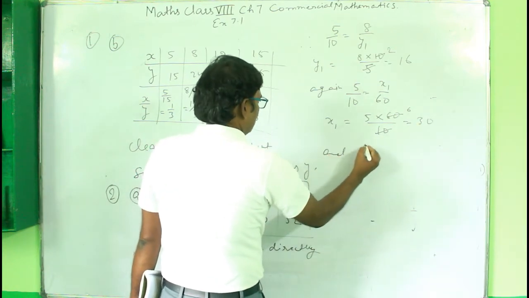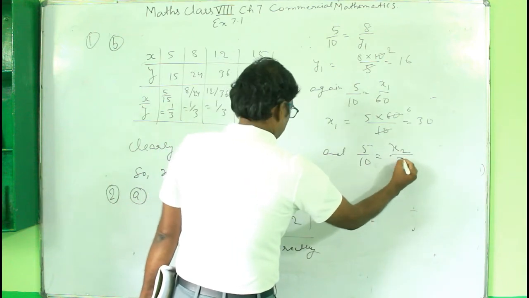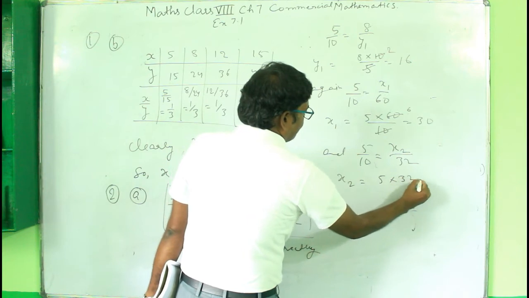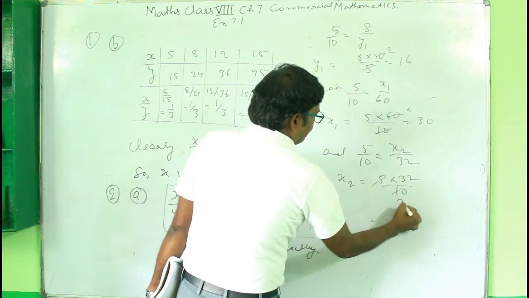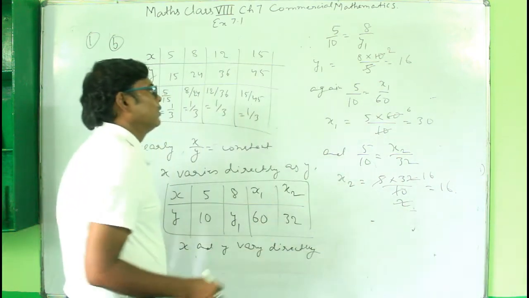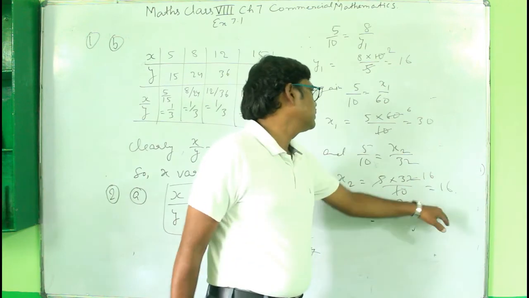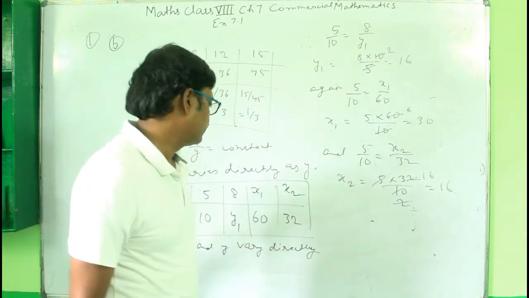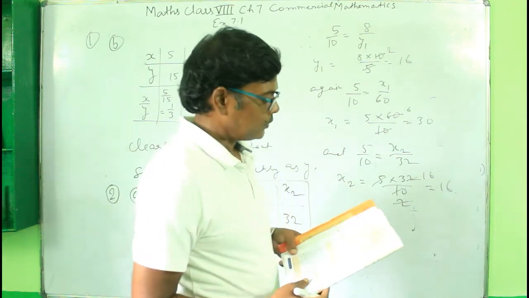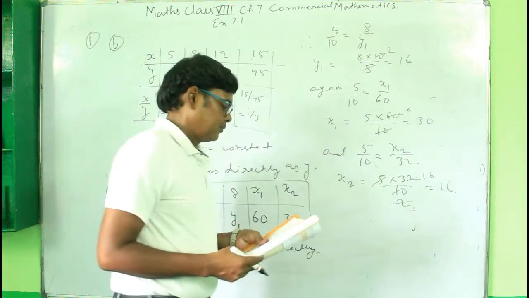And 5 by 10 equal to x2 by 32, so x2 is 16. So these are the missing answers: x1 equals 30, x2 equals 16, and y1 equals 16 also. This is the answer of this question. Now the question number 5.